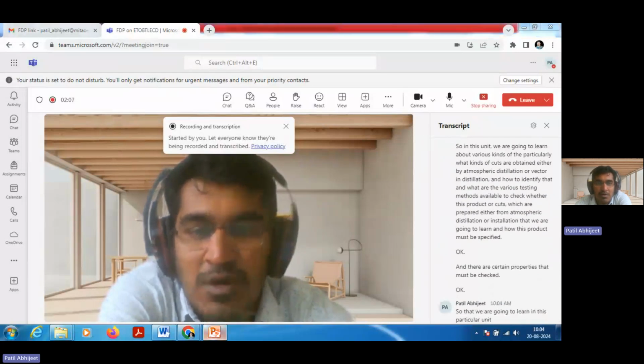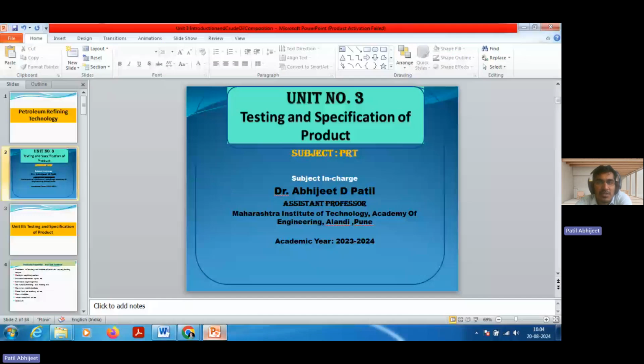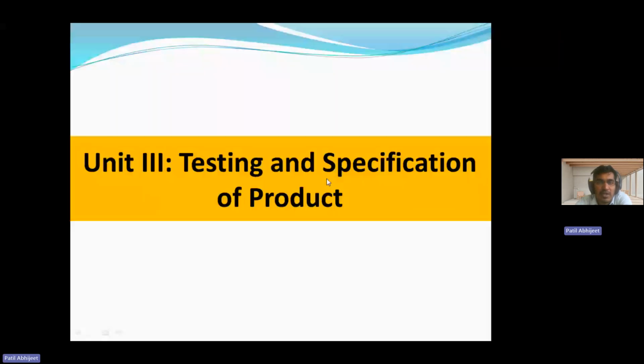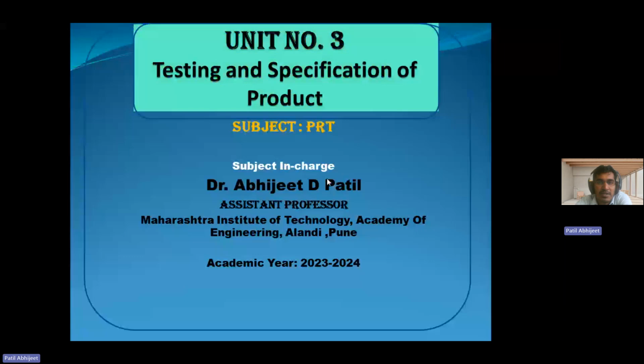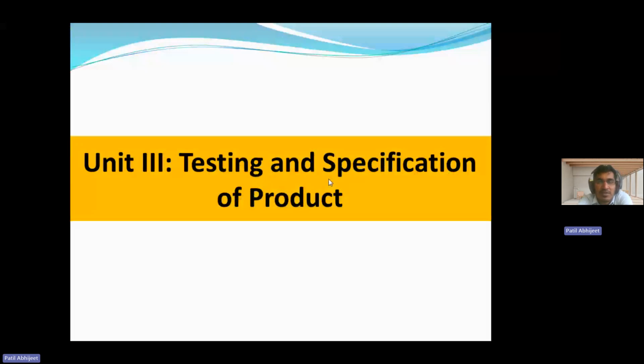So let us start with petroleum refining. We are moving ahead with unit number 3, that is testing and specification of the product. In this unit we are going to learn the various testing methods, and how the products or cuts obtained from either atmospheric distillation or vacuum distillation should be specified. There are certain norms.